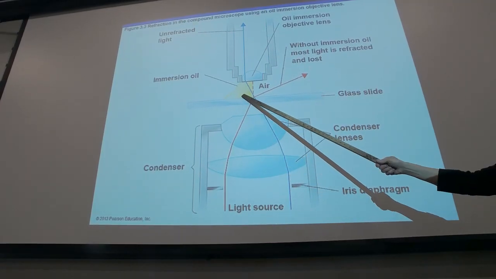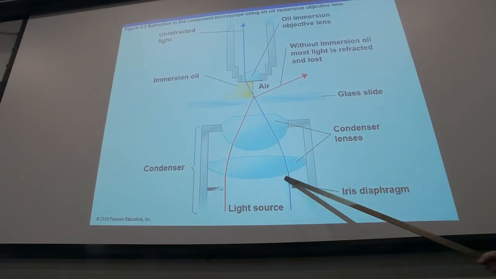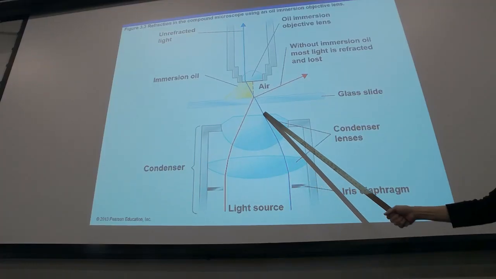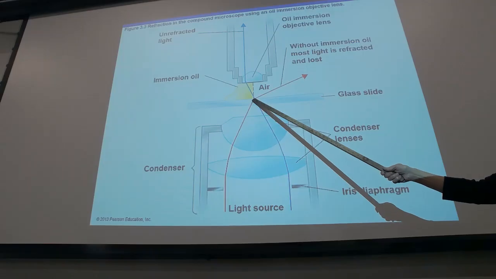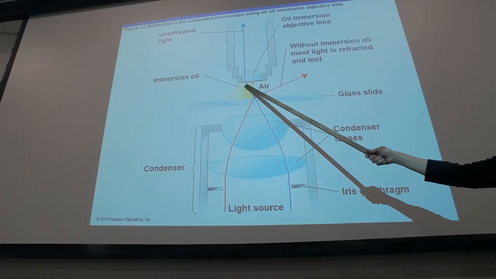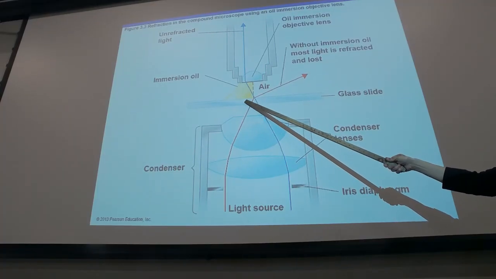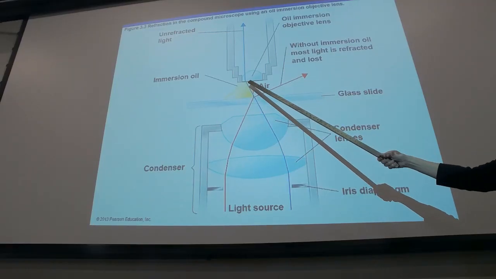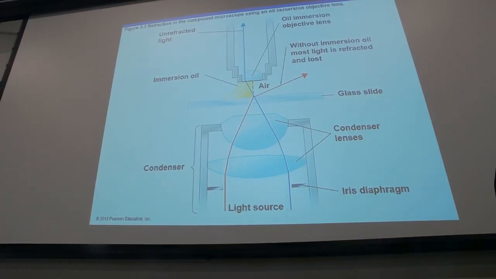However, if you put immersion oil, for instance, this blue ray of light will be focused here into the specimen, and then it will follow its pathway, refracting a little bit, but this immersion oil, since it has the same refractive index as this, will prevent so much bending, and it will be caught by this objective lens.